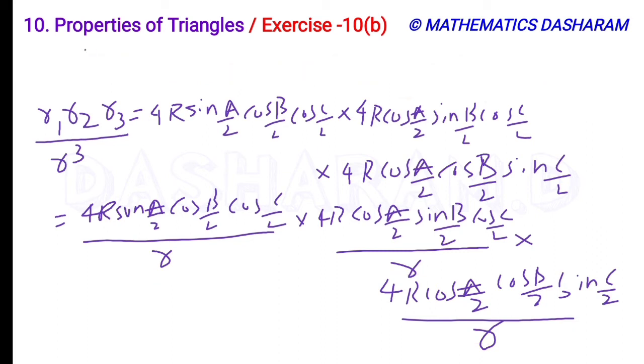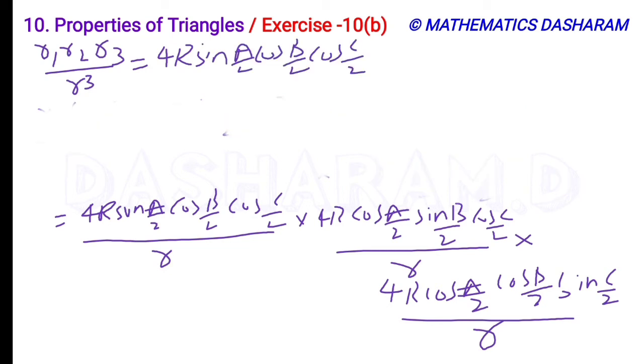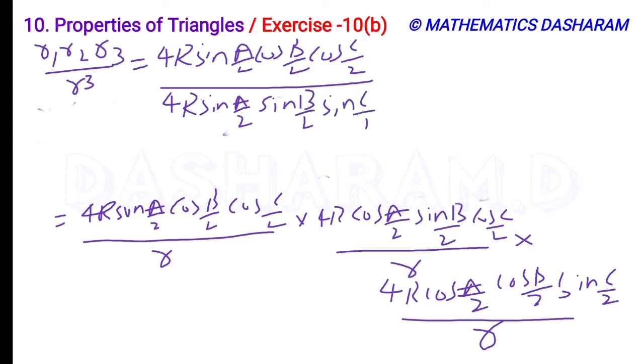So R1 into R2 into R3 divided by R cube equals 4R sin A by 2 divided by R, the formula is 4R sin A by 2 into sin B by 2 into sin C by 2 into the second one. Here also R and here R, substitute them.